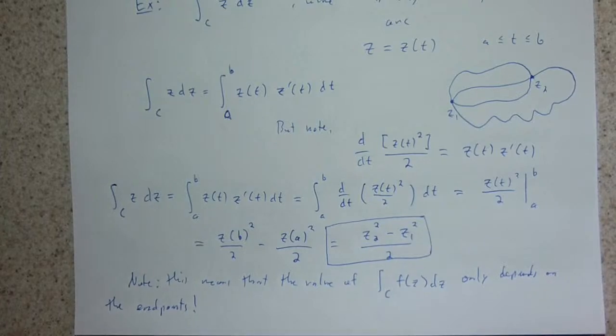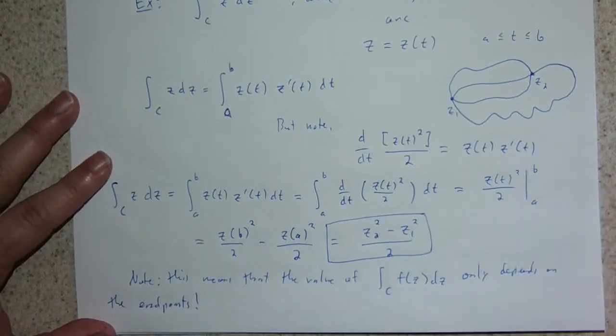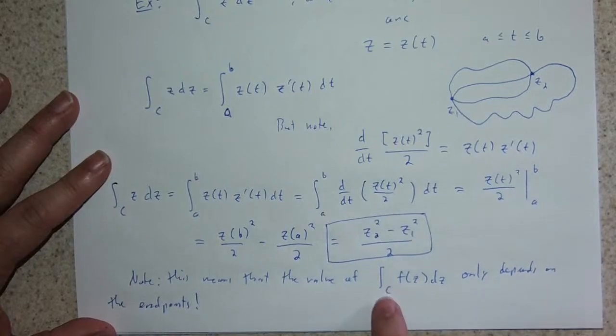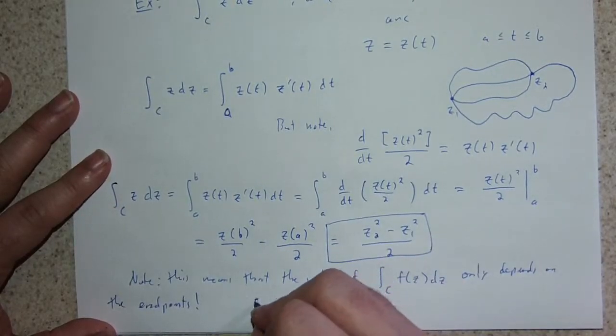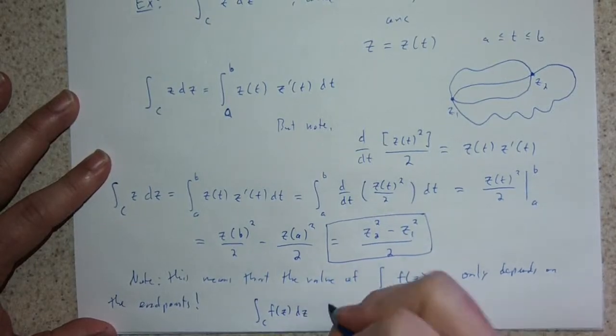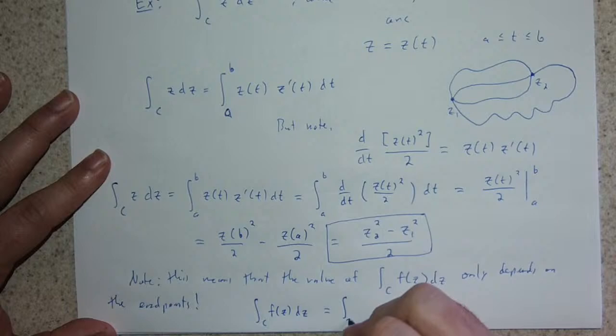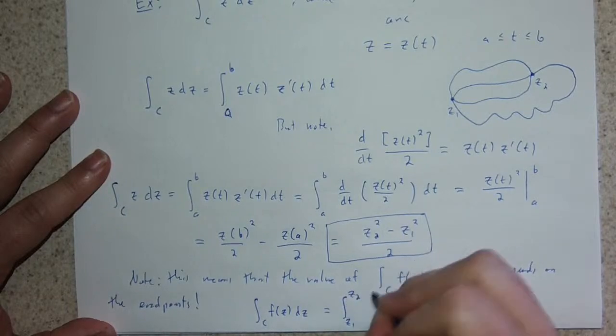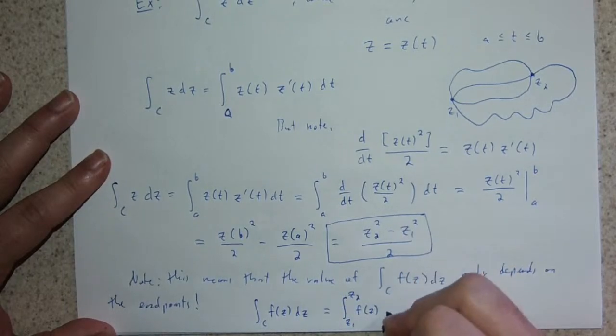Okay. When we have a case like this, it's customary, so when this is true, notation for this becomes the following. So we would write this contour integral as the integral from z sub 1 to z sub 2 of f of z dz.